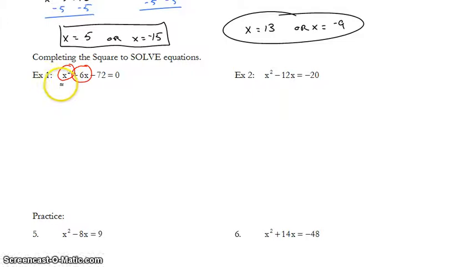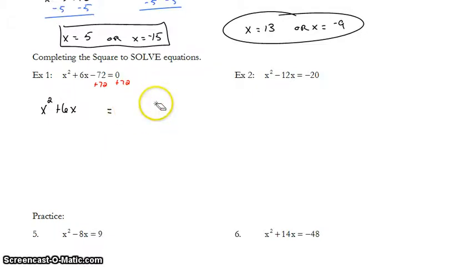We want those to be isolated on the left side, x squared plus 6x, but I want to move my constant term to the other side of my equal sign. This is kind of contrary to what you've always been taught before. But I'm going to add 72 to both sides. And that's what I wind up with. You don't need the positive, you can just leave that as 72.